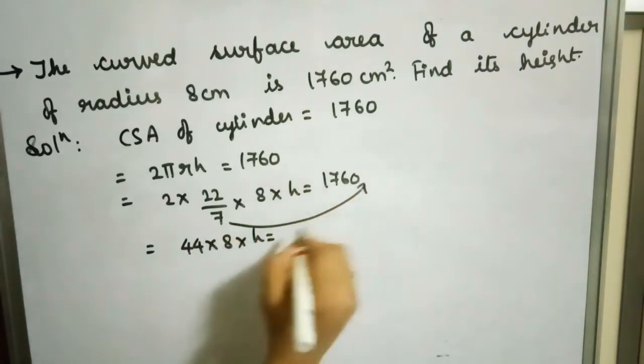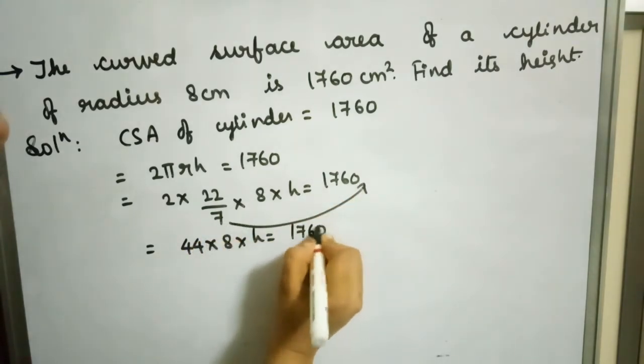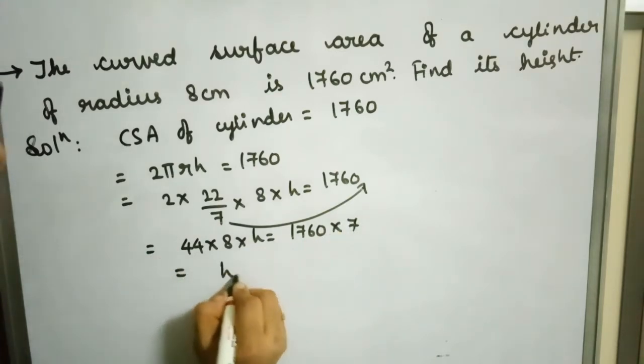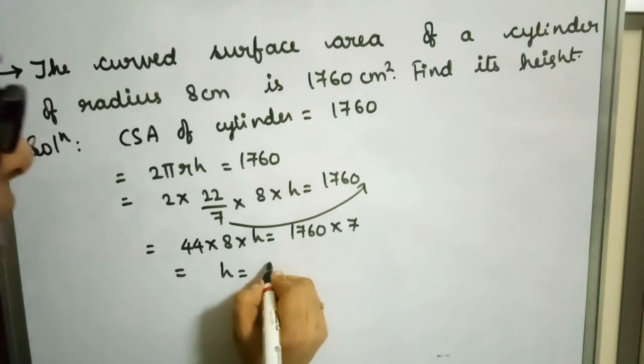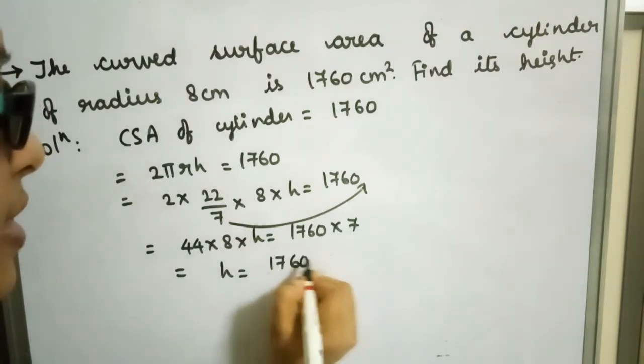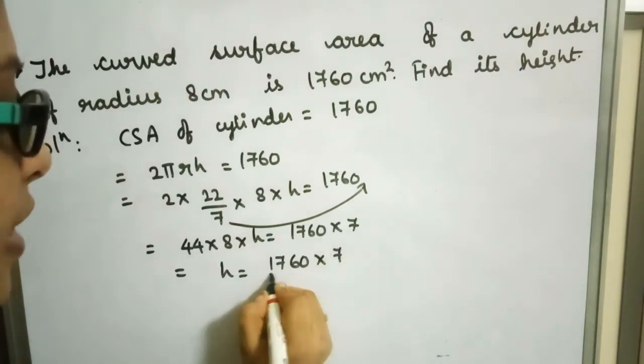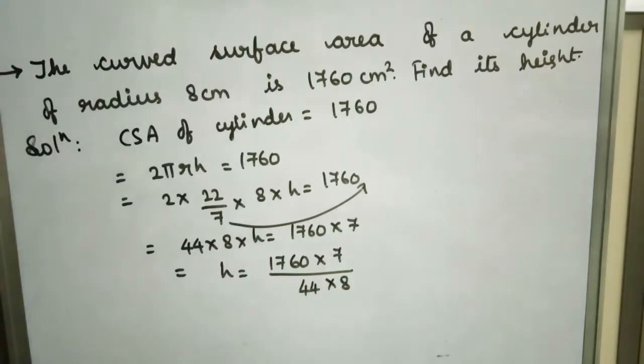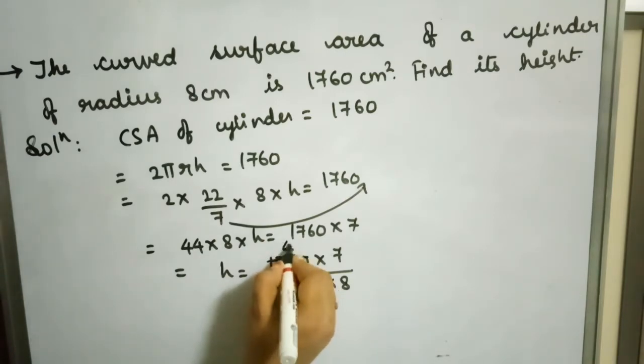shift 7 to the other side, 1760 into 7. So here height is equal to, shift these two numbers to the other side, 1760 into 7 by 44 into 8. So 44 ones are 44, 40s are 40.